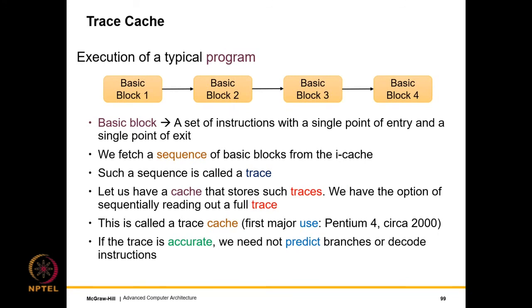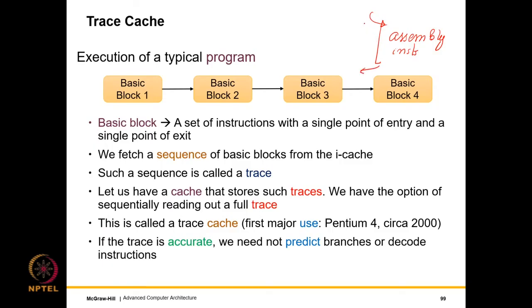So how does the execution of a typical program proceed? We typically execute programs a basic block after a basic block. What is a basic block? A basic block is a sequence of assembly instructions that has one entry point, in the sense you can only enter it in the beginning, and it has only one exit point, which means you can only exit it at the end.